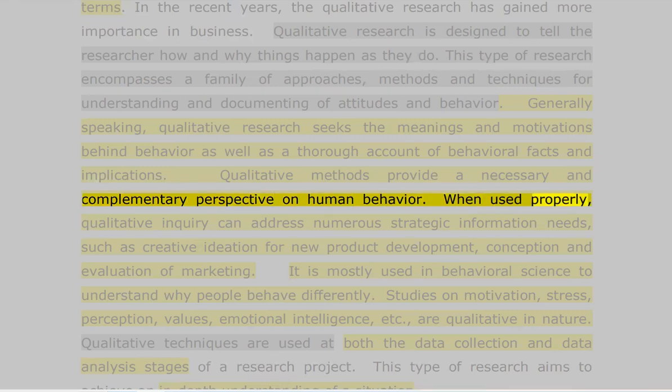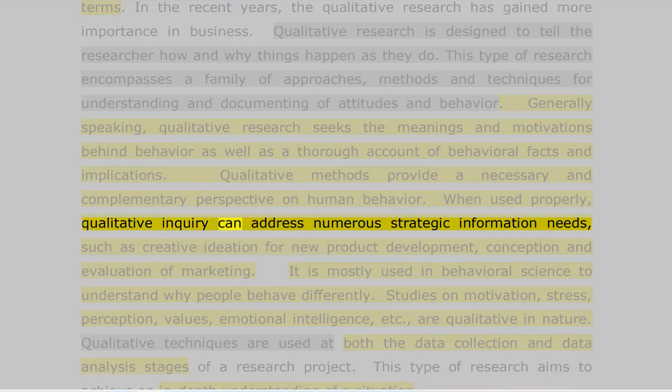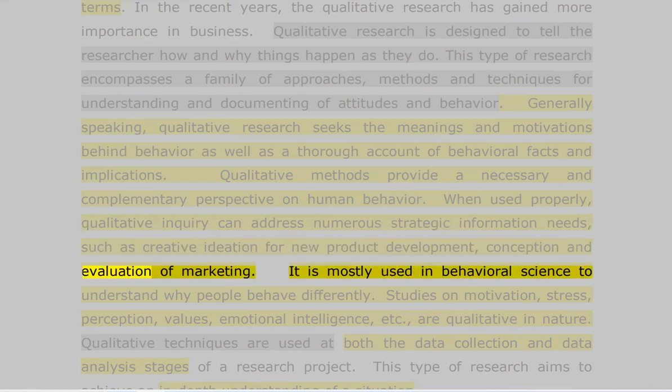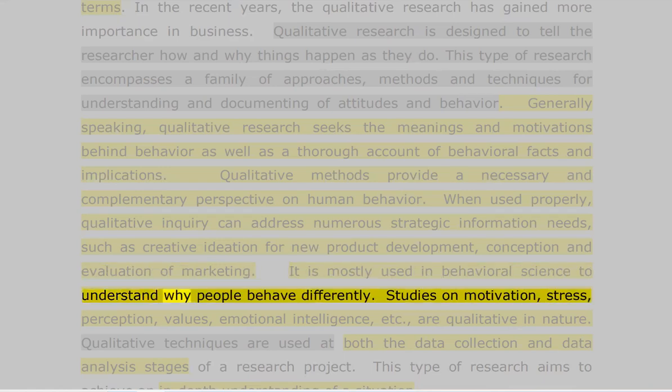When used properly, qualitative inquiry can address numerous strategic information needs, such as creative ideation for new product development, conception and evaluation of marketing. It is mostly used in behavioral science to understand why people behave differently.